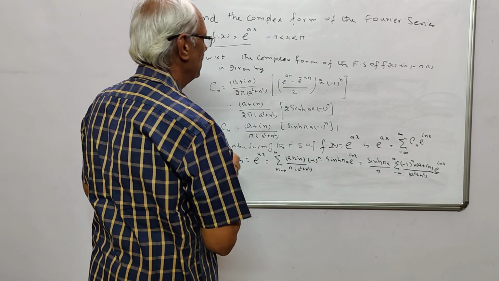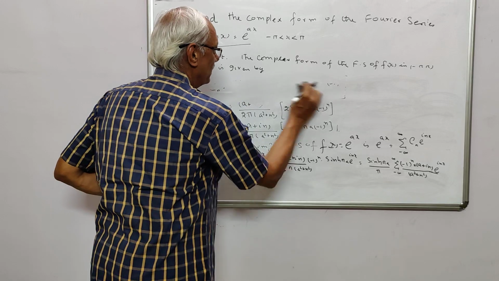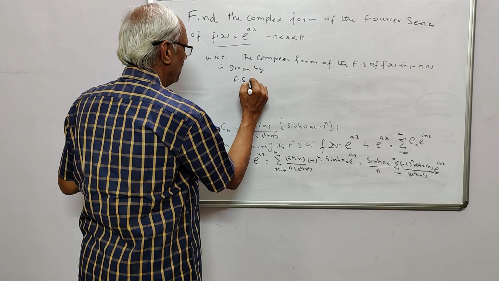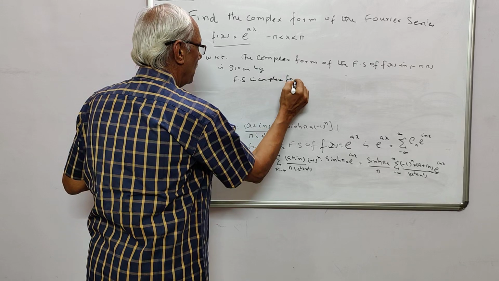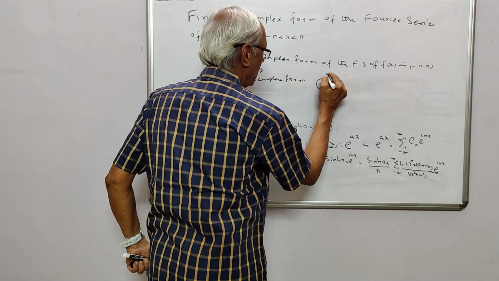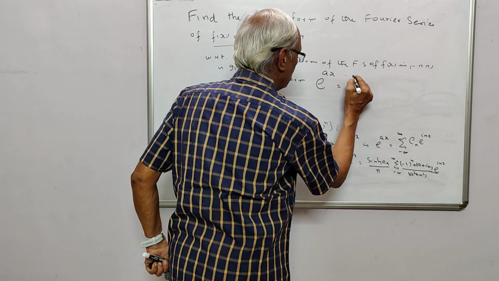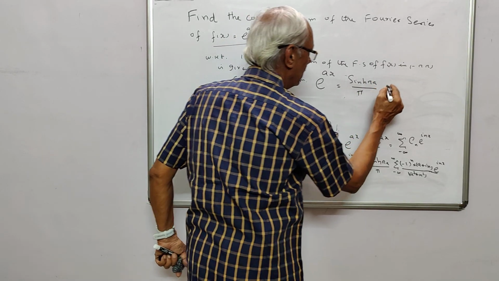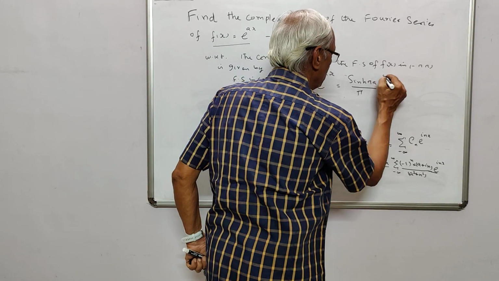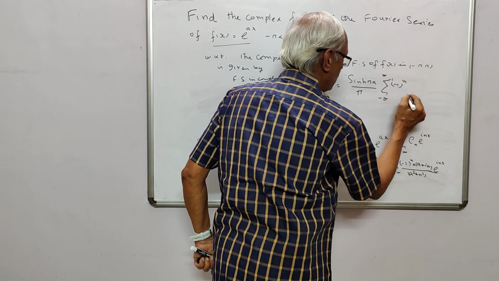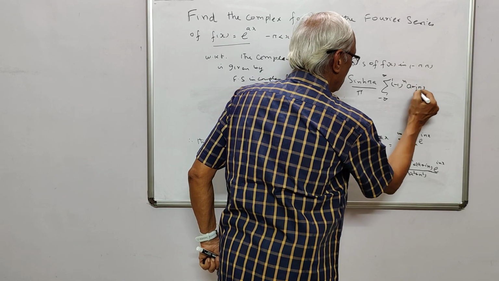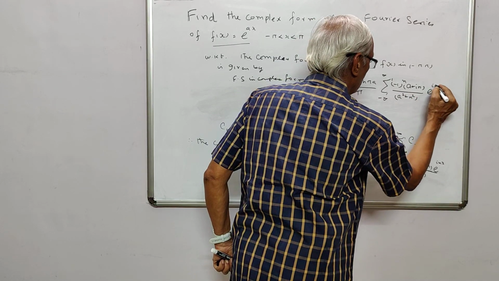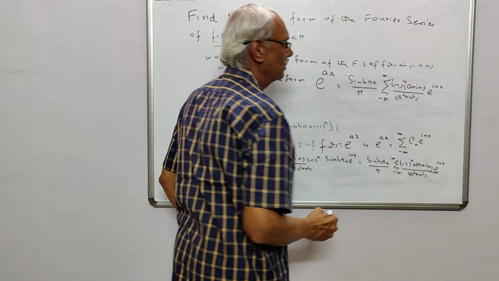So I will write here, the Fourier series is equal to sinh pi a divided by pi, sum from minus infinity to plus infinity of minus 1 to the power of n, a plus in divided by a squared plus n squared, into e to the power of inx. So this is my answer.